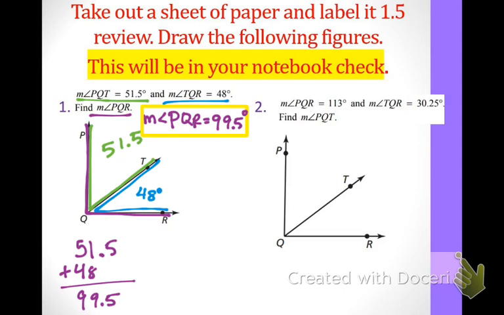All right, the next one we have PQR is 113. Is this the top portion, bottom portion, or the whole angle? The whole angle. TQR is 30.25. Is that the top portion or the bottom? That's the bottom, TQR.